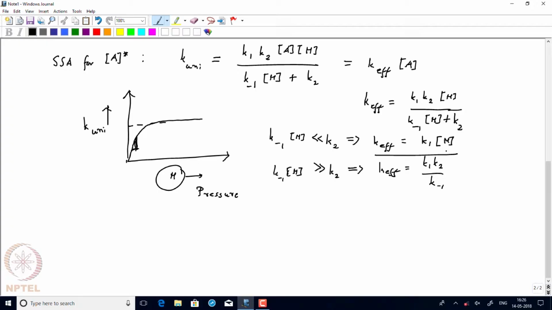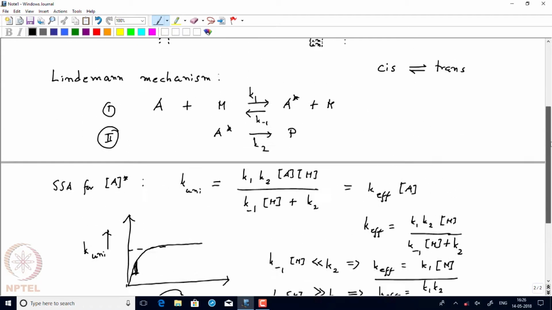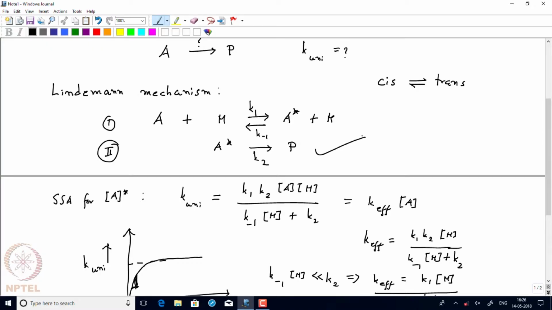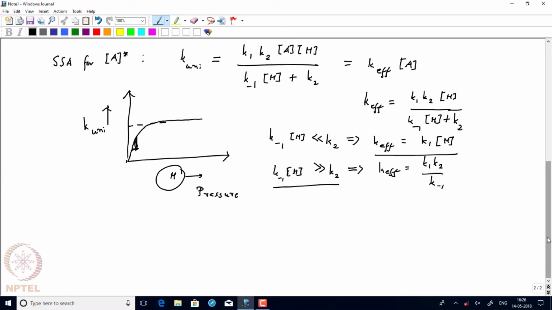So it is a similar concept here. Here I am talking in the language of deactivation: if k2 is much smaller, then the rate of deactivation is much higher than the rate of product formation, which will be the case for the high pressure limit. Because if you remember, the product formation does not depend on the collision; it is only the second step.